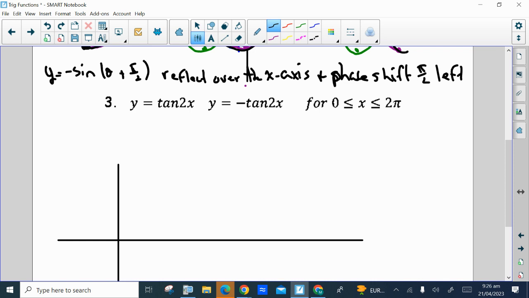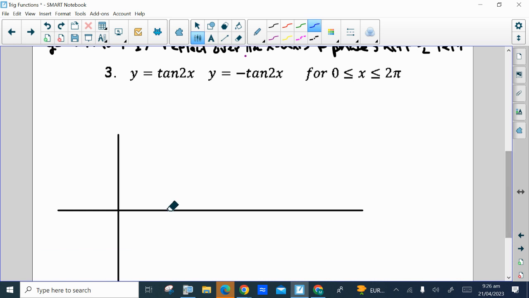So for this last one, we're doing reflections of tangent. We're starting with our base graph of tan x. We weren't asked to graph it, but it just makes sense to start with that as our base graph between 0 and 2 pi. So that will be pi, 2 pi, pi over 2, 3 pi over 2.